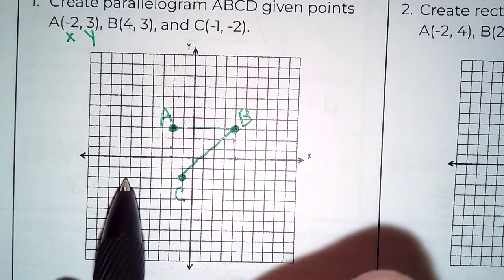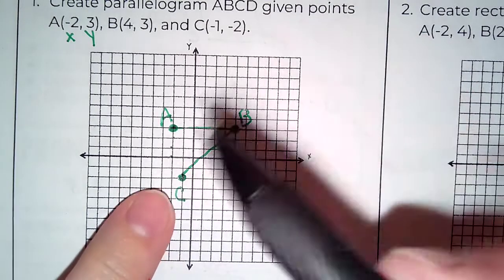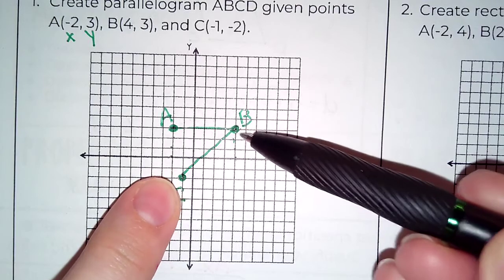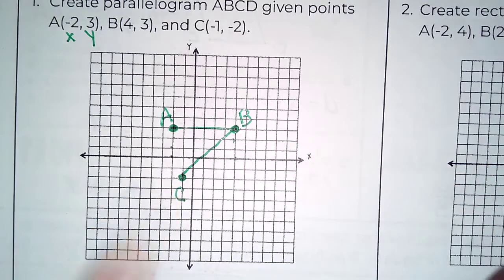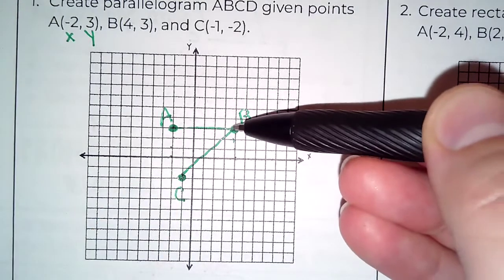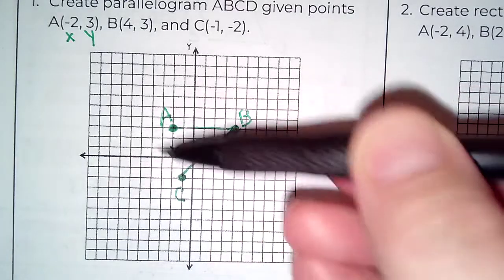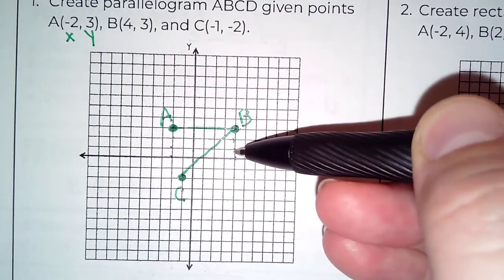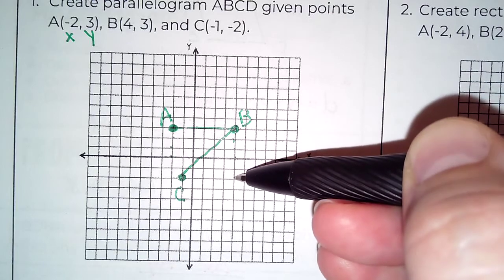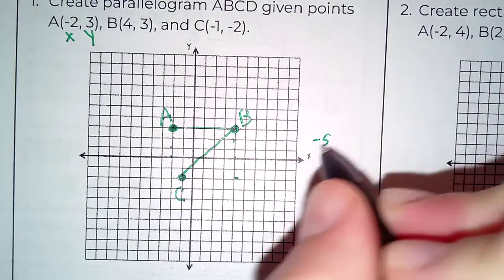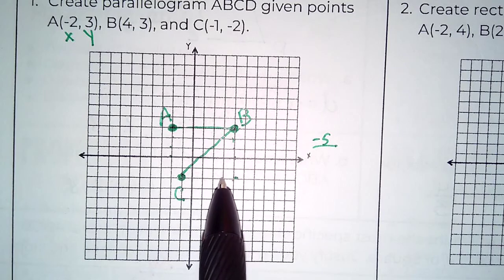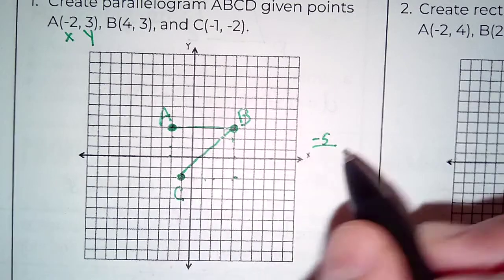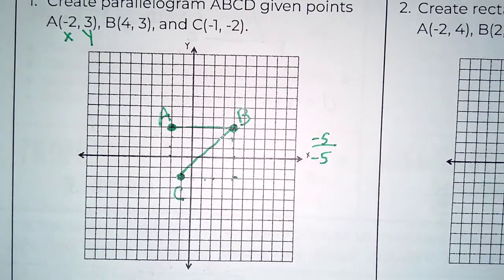We use our slope. So my slope from C to B was, or maybe I go from B to C so I can go from A to B, A to D. So I would go down 1, 2, 3, 4, 5. So down 5. To the left, 1, 2, 3, 4, 5. So down 5, left 5.